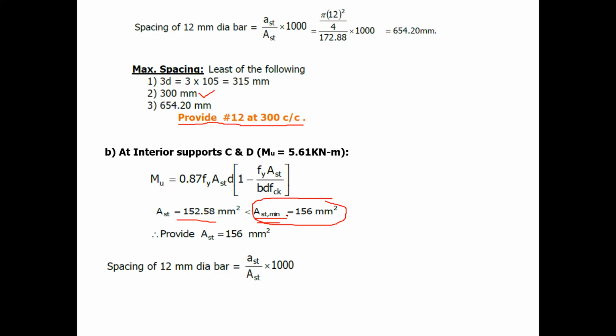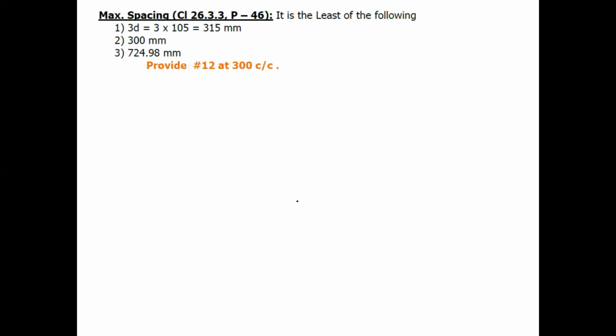Okay, next take down spacing of 12 mm dia bar is equal to small AST by capital AST into 1000. Sir, 724.9. Okay, 724.98 mm. So how much spacing do you have to consider? Again, the maximum spacing according to the codal provision is the least of the following. So it is 3d, then 300, then the spacing.